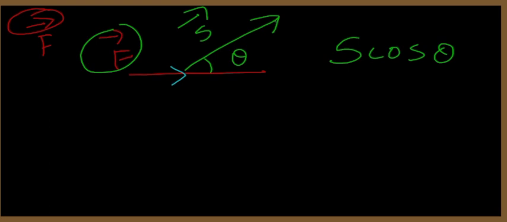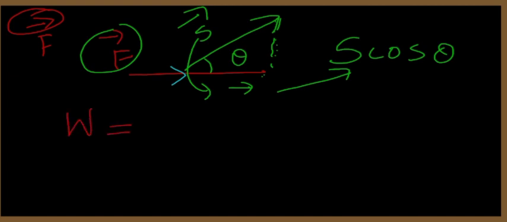That means we are resolving this S vector and we are getting the component of the S vector here. It is S cos theta. Okay. So we can plainly write work is equal to F, the component of force, and the component of displacement in the direction of force, S cos theta.